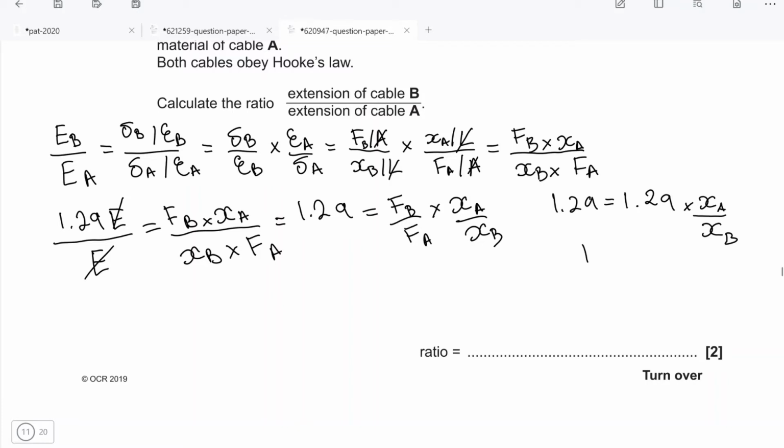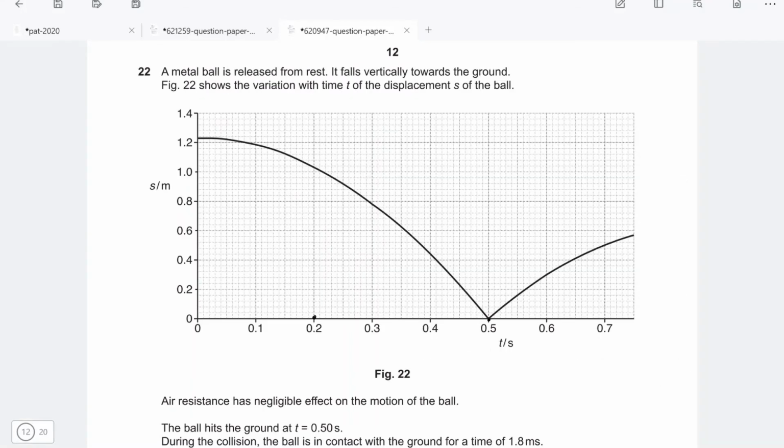We get that 1 is equal to 1, because those cancel out, times XA over XB. In other words, if we flip everything around, XB over XA will have to be equal to 1, which is our final answer.